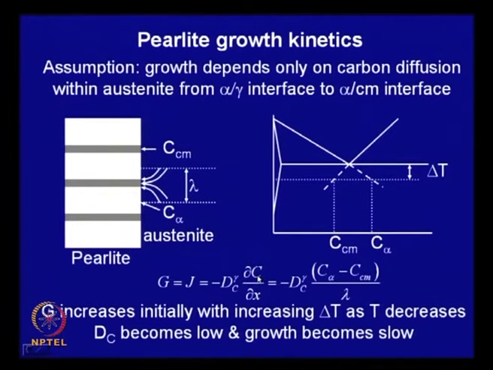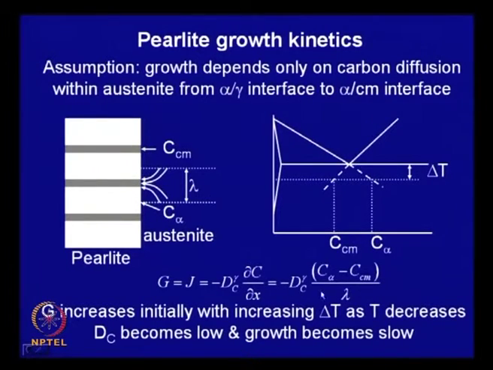This is the difference in concentration, the maximum difference, so this will be the fastest movement from here to there. Look at this distance lambda, the average interlamellar spacing, that is the spacing between two cementite plates or between the center points of two ferrite plates.